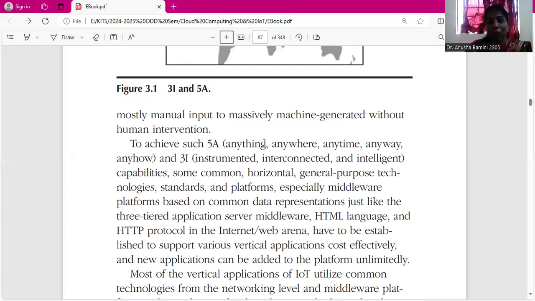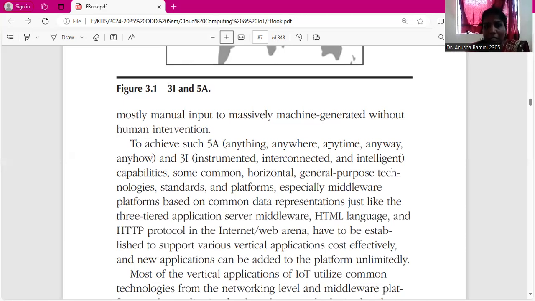This is how the IoT architecture works. A particular object, wherever it is, at any time, in any way, if it is a network-connected device, we can gather information from the IoT object. That's why this is called the 5A.